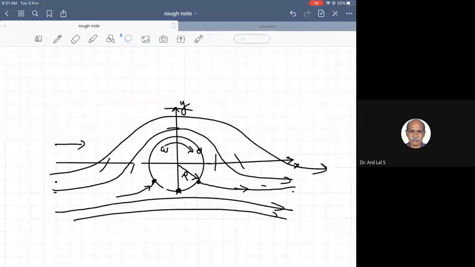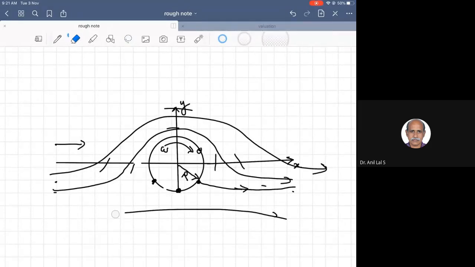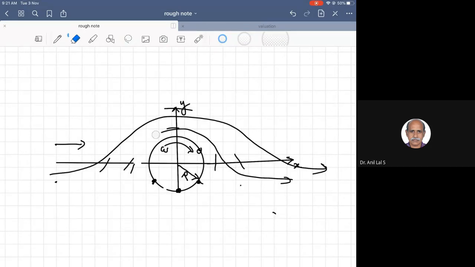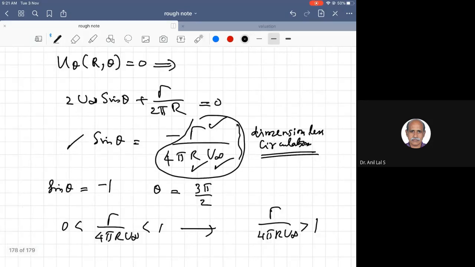So what is the case when we have the dimensionless circulation gamma by 4 pi r u infinity greater than 1?